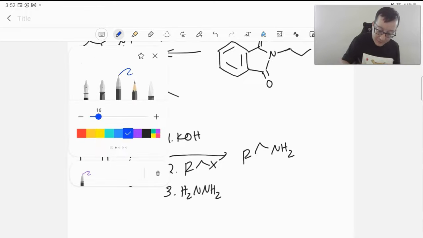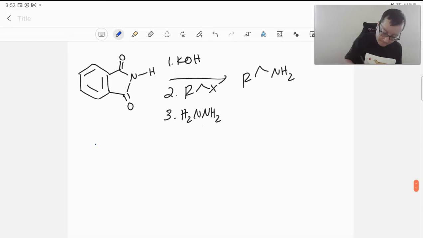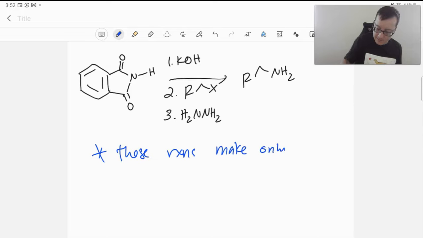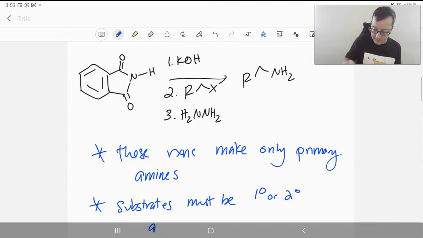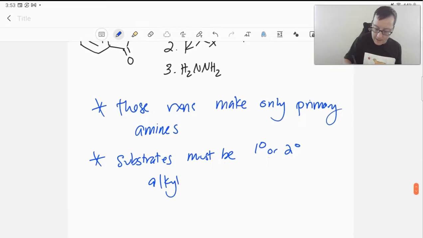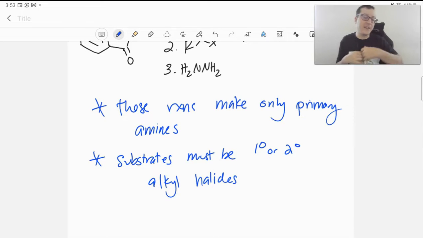These reactions, though, have the following conditions. These reactions make only primary amines. And the substrates must be primary or secondary alkyl halides. And of course, it doesn't necessarily have to be an alkyl halide, anything with a leaving group.